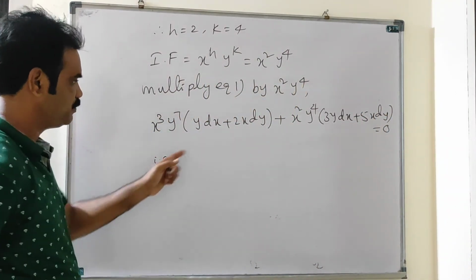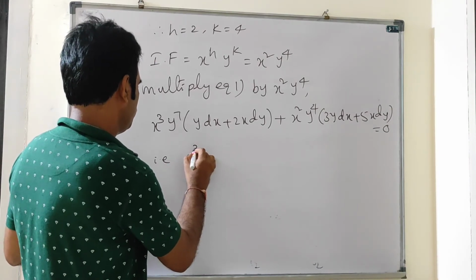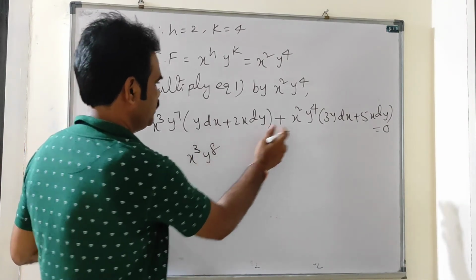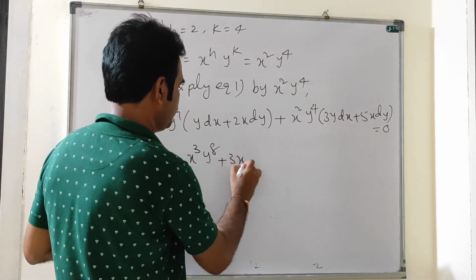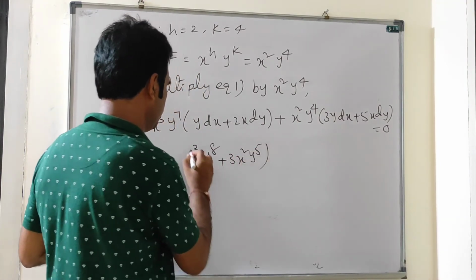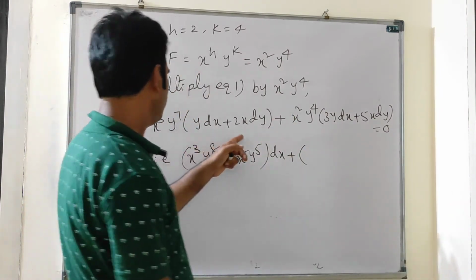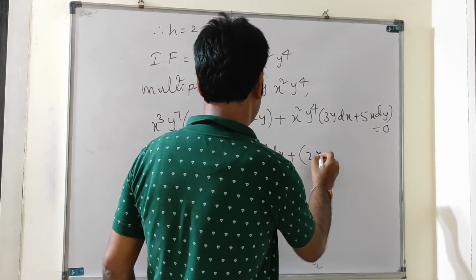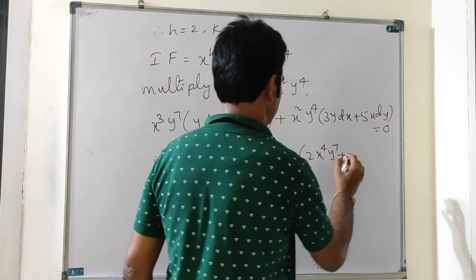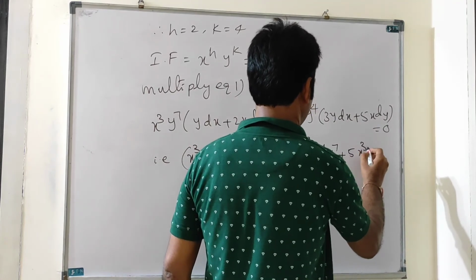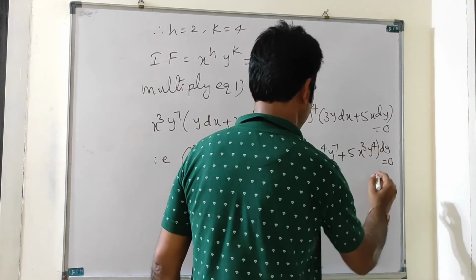Write this in the form M dx + N dy. This becomes (x^3 y^8 + 3x^2 y^5) dx + (2x^4 y^7 + 5x^3 y^4) dy = 0. Let it be equation 2.